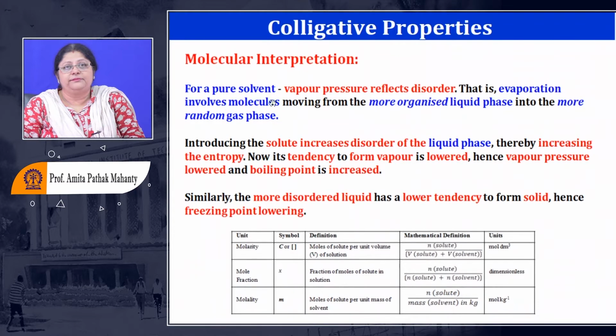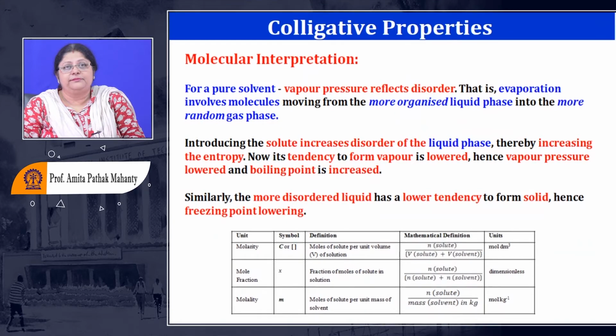When we have a pure solvent, the vapor pressure is a reflection of the disorder, and when there is evaporation, what is happening? A liquid phase is much more organized, so during evaporation we are moving from a more organized liquid phase to a more random gaseous phase.